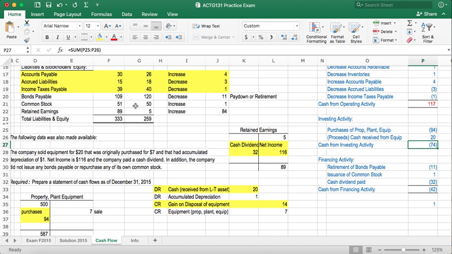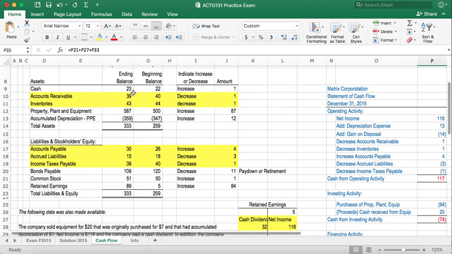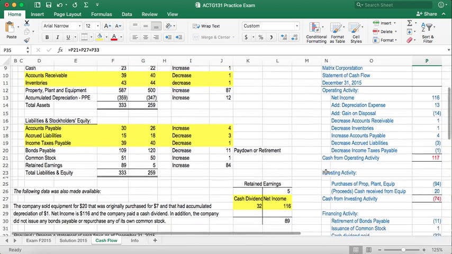So total operating, total investing, and total financing results in an increase in cash of $1,000, which is the same as the change on the balance sheet from 22 at the beginning of the year to 23 at the end of the year.